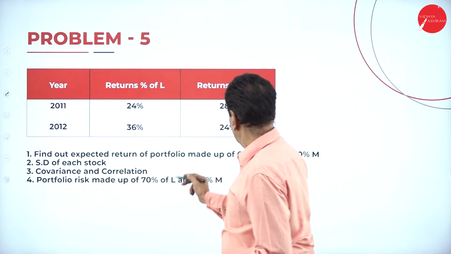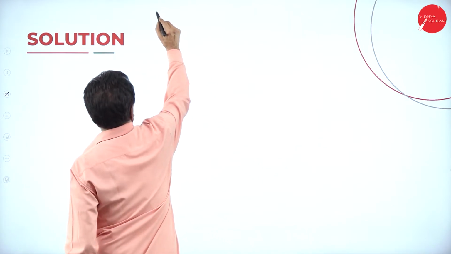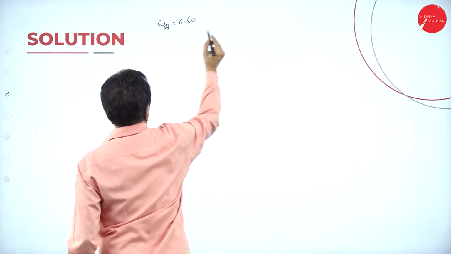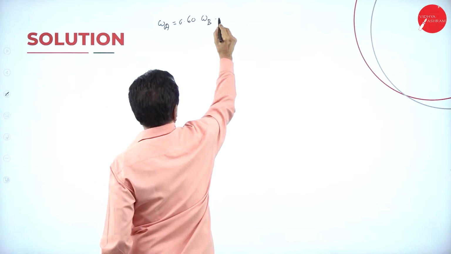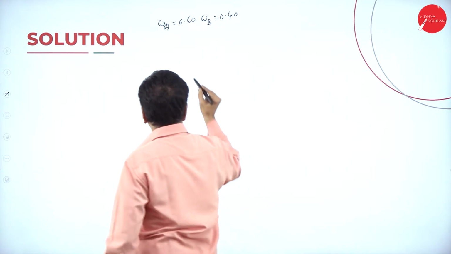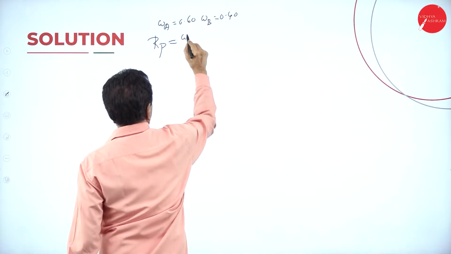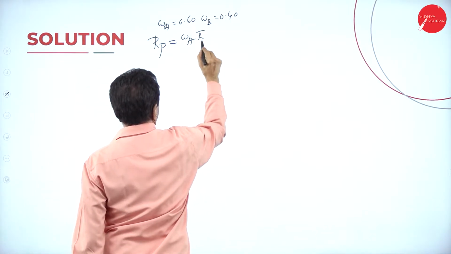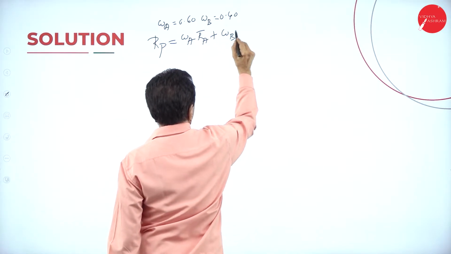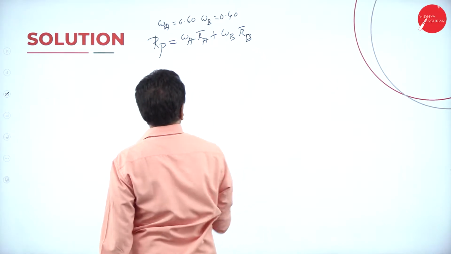The question they ask is portfolio return with 60%, 40%. Weight of A is 0.60, weight of B is 0.40. So return on portfolio RP is weightage of first one into mean of first one, plus weightage of second one into mean of second one.